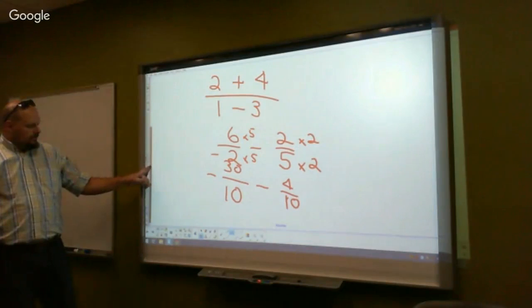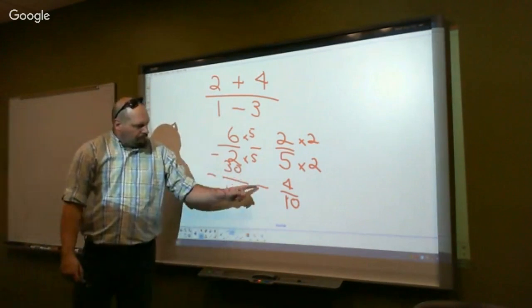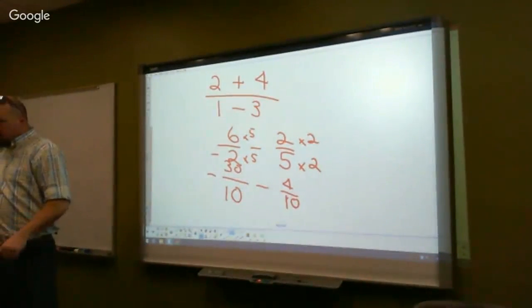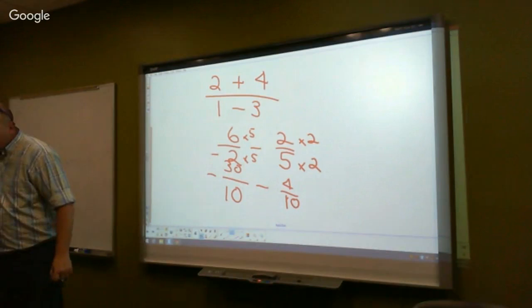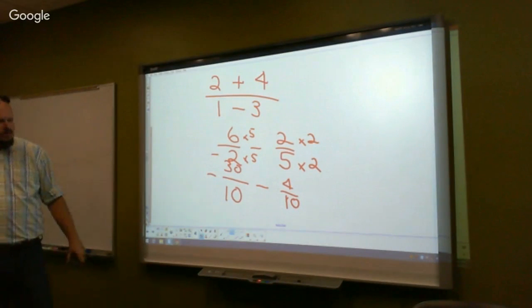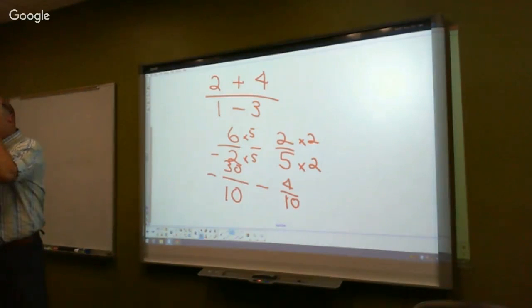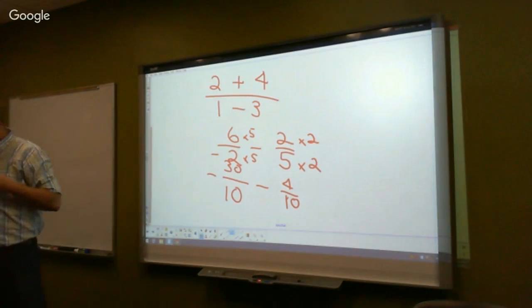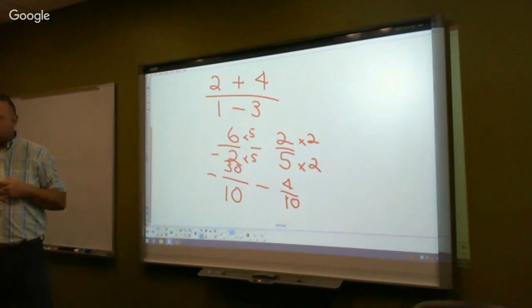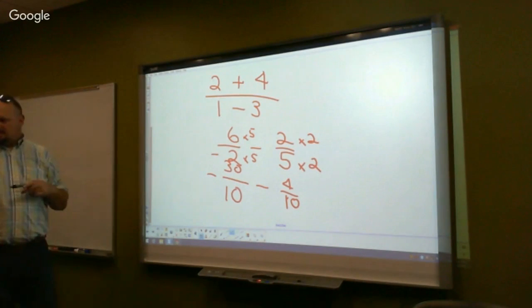So far, so good. So we have negative 30 tenths minus 4 tenths. Negative 24? Negative 26?